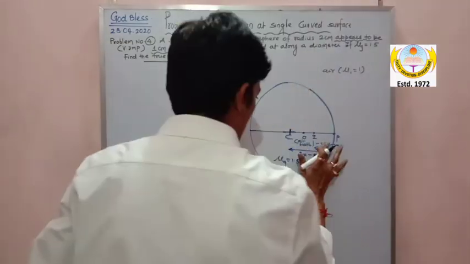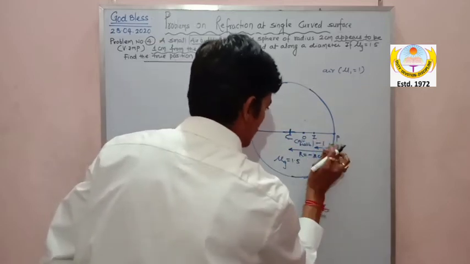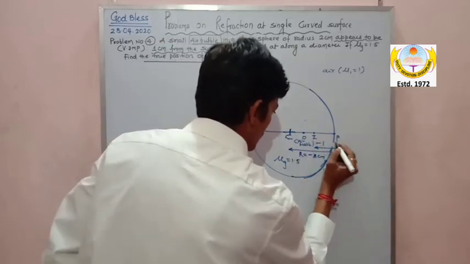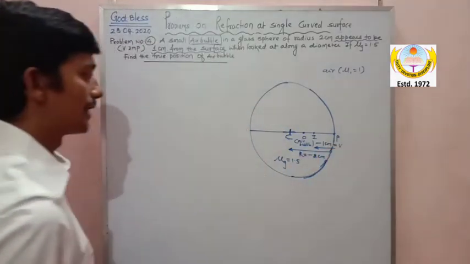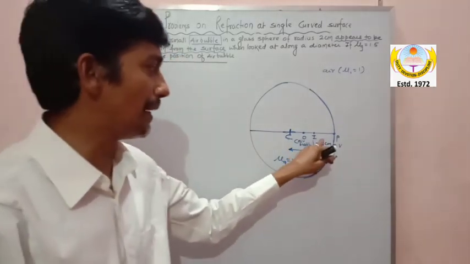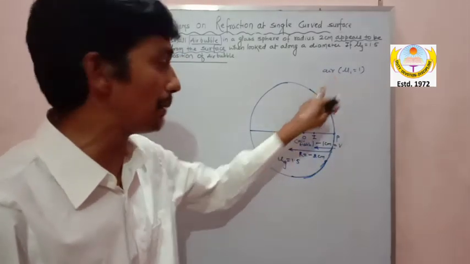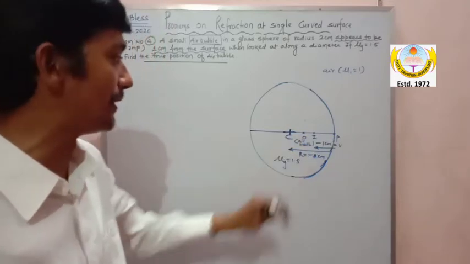So the image obtained at 1 centimeter, that is minus 1 centimeter, and this is your V value. The image is actually obtained in the rarer medium because the object is kept in the denser medium. So no doubt the image is obtained in the rarer medium.